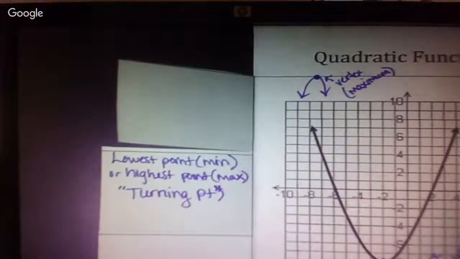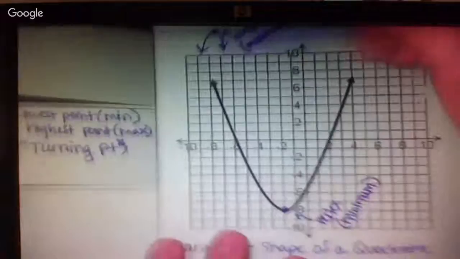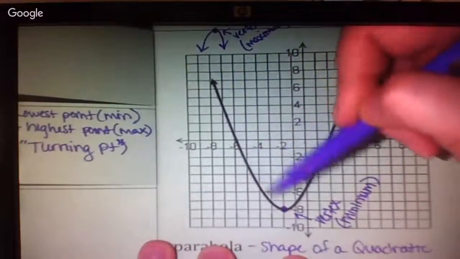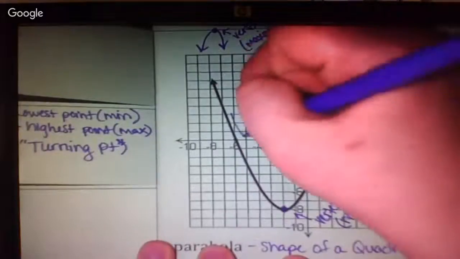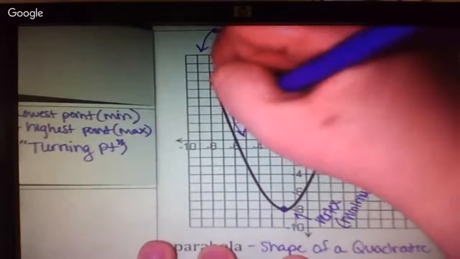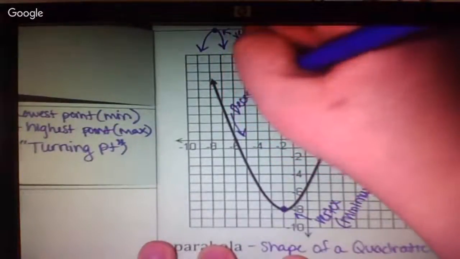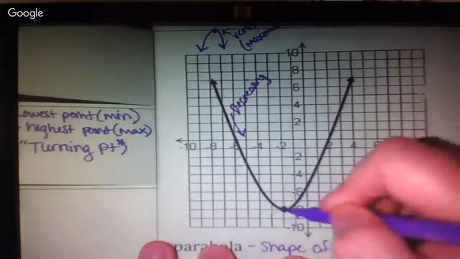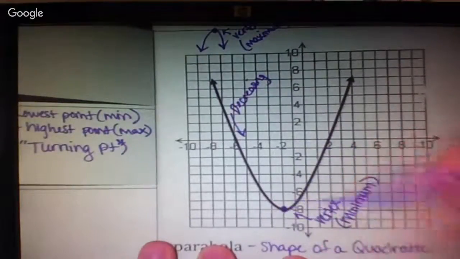What I mean by that is, remember, we read graphs from left to right just like you would read a book. So if I'm reading my graph starting at the left point, my graph's going down, down, down, down, which means it's doing what? Decreasing. So it's decreasing up to this point of -2.